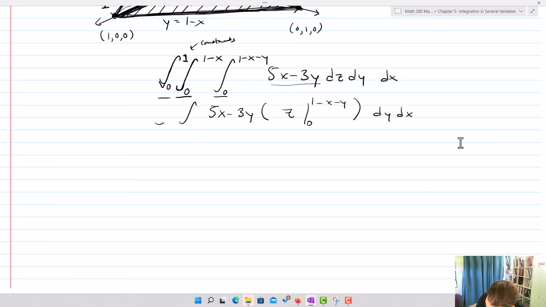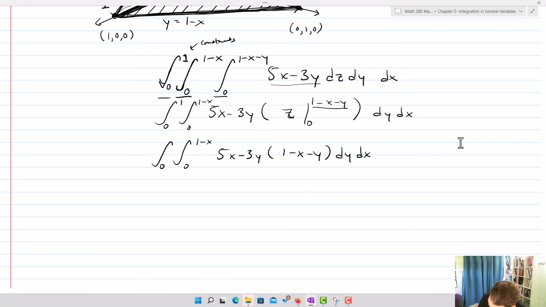And here's our other integrals, 0 to 1 minus x, 0 to 1. We'll evaluate z from 1 minus x minus y minus 0, so that's just going to be 1 minus x minus y. So this is then the integral from 0 to 1 minus x of 5x minus 3y times 1 minus x minus y dy dx.